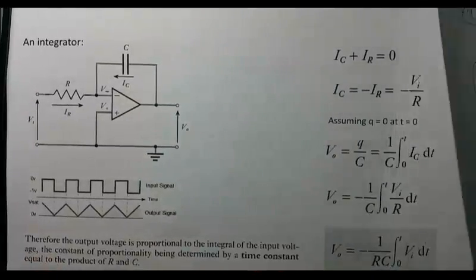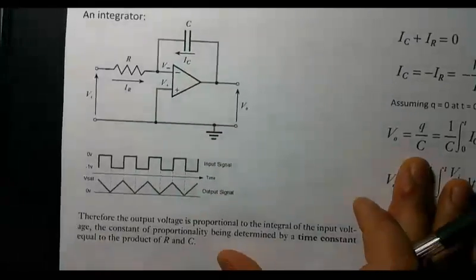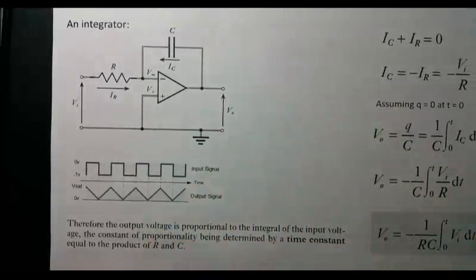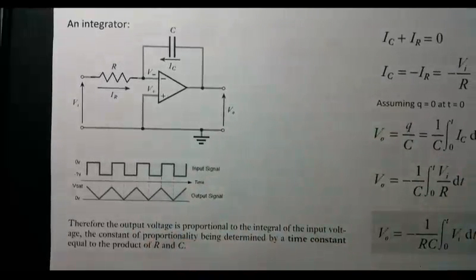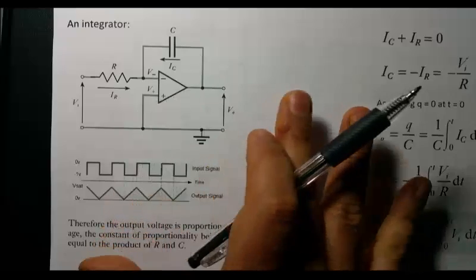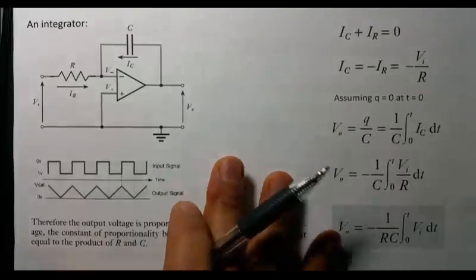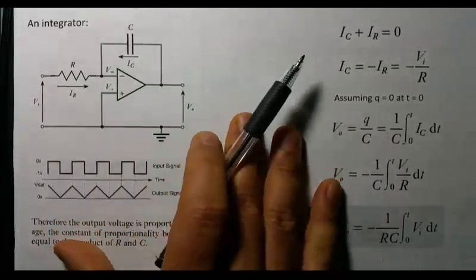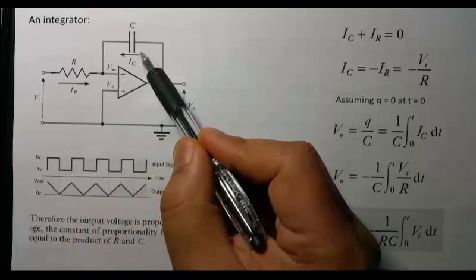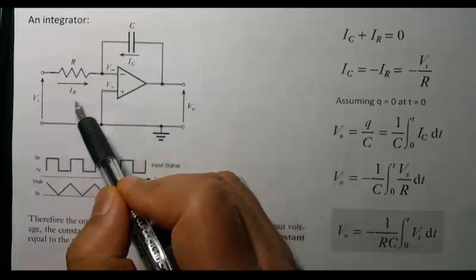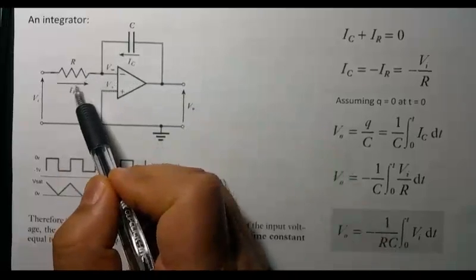So the next mathematical operation of op-amp is an integrator. You can use the same op-amp as an integrator. If you want to use the op-amp as an integrator, you have to connect the circuit like this. You need a capacitor as a feedback element, and you apply input to the inverting input through a resistor like that.